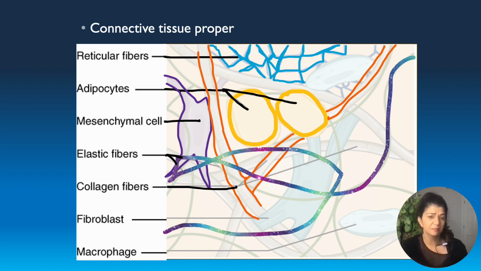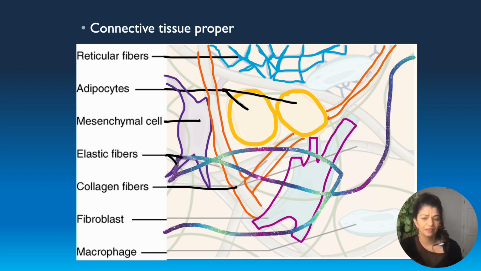So fibroblasts are cells that produce or secrete proteins that make up fibers in the extracellular matrix, and there's specialized types of connective tissue that have specific names for their fibroblasts. For example, in bone, they're going to be called osteoblasts. In cartilage, they're called chondroblasts. So those are some examples of how it's going to look a little different.